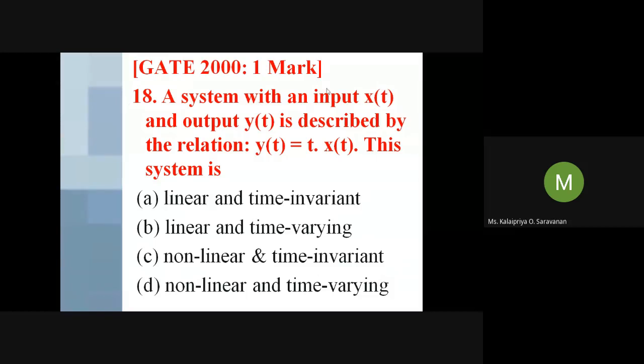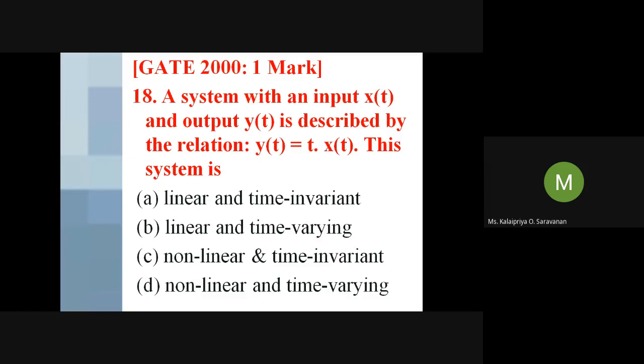A system with an input x of t and output y of t is described by the relation y of t is equal to t into x of t. So this system is linear and time invariant, linear and time varying, non-linear and time invariant, or non-linear and time varying.